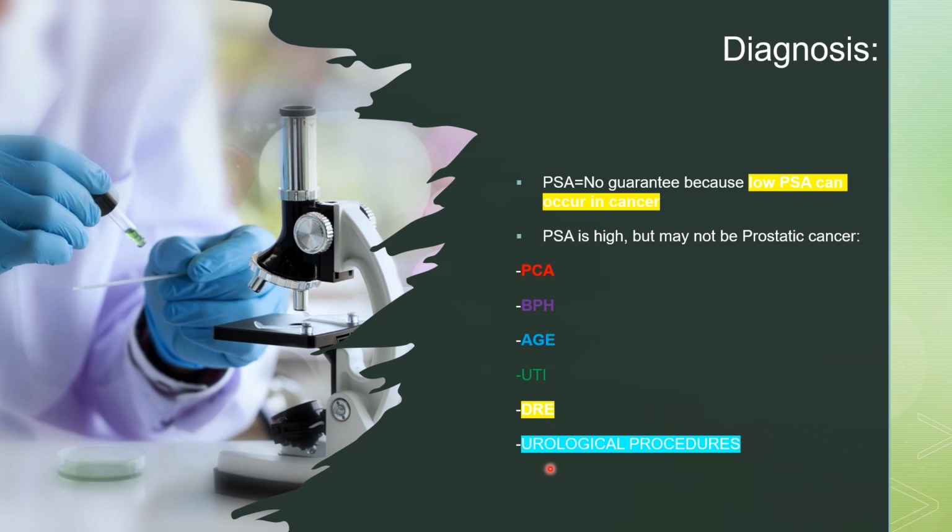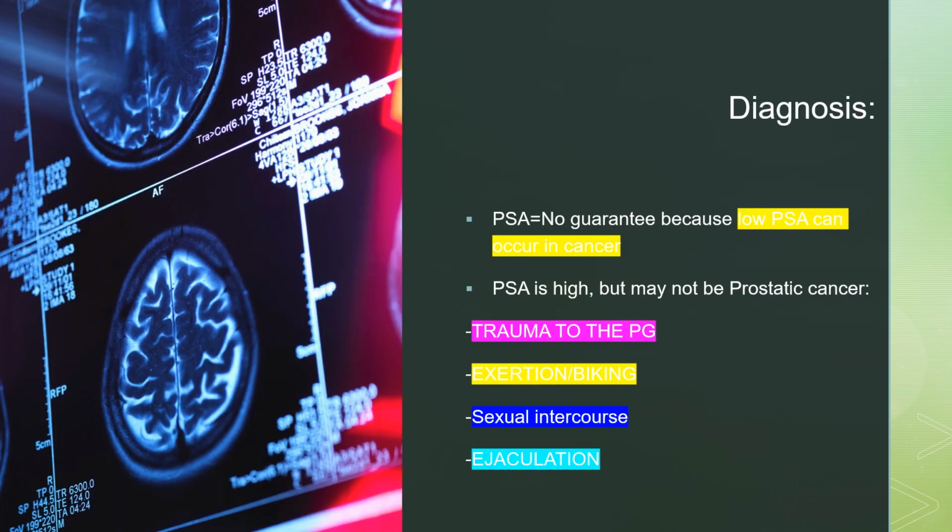Let's see other conditions when PSA may be high, yet it is not prostatic cancer. Someone will say, this is annoying. Why will you keep repeating this? I will be repeating it so that it will sink into the brain.